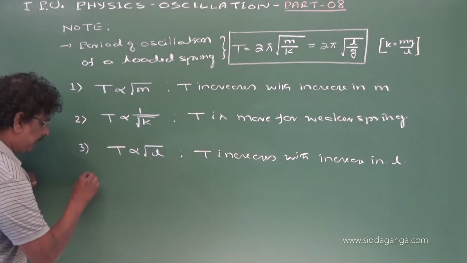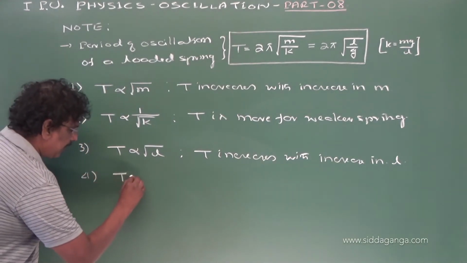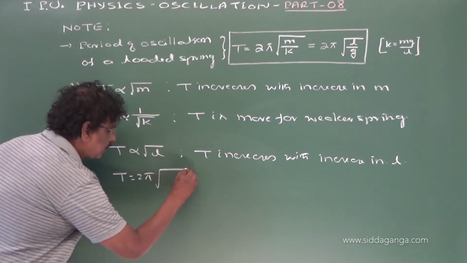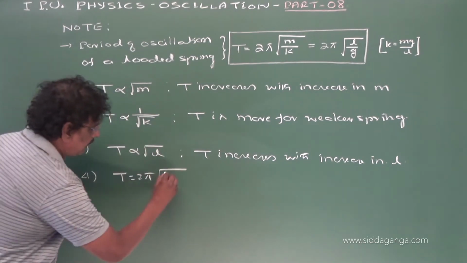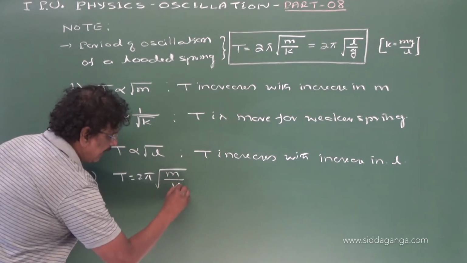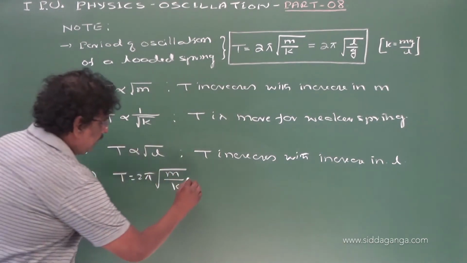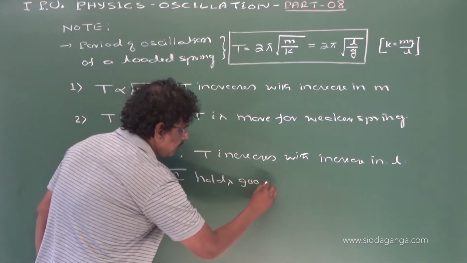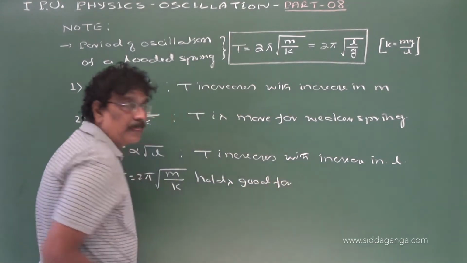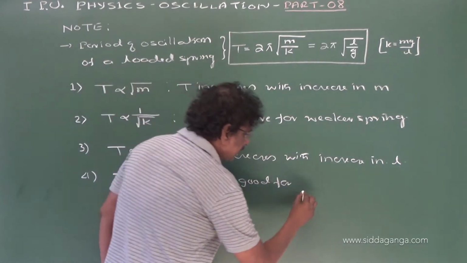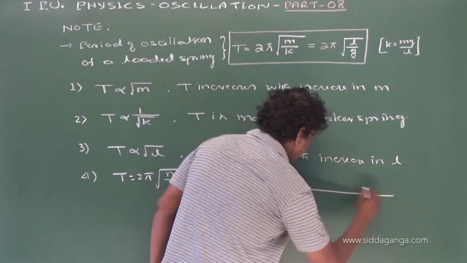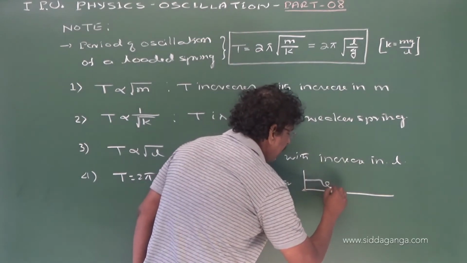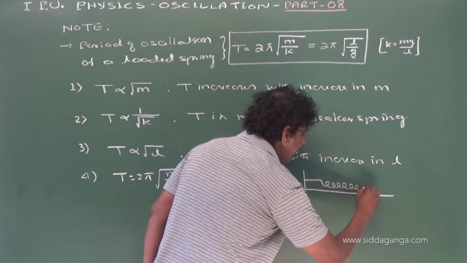Now the fourth one: this relation T is equal to 2 pi into square root of m by k holds good for a loaded spring oscillating in horizontal direction.